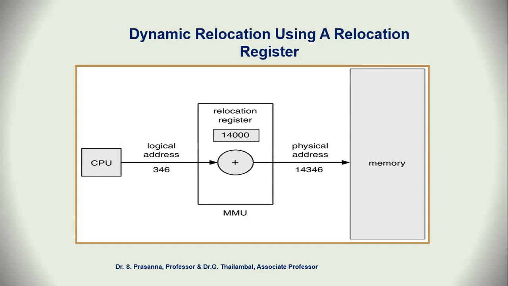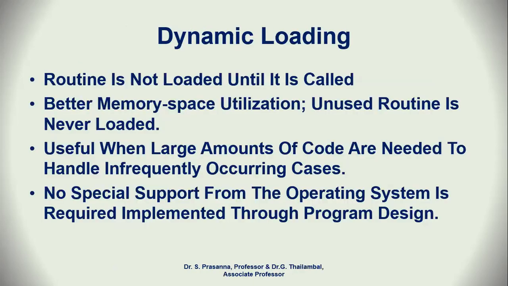The actual memory space allocated for this logical address 346 is 14,346, which is the physical address in the memory. But the user knows only the logical address 346, and cannot know 14,346 as the physical address. So this mapping of the CPU's logical address to the memory's physical address is made by the memory management unit.